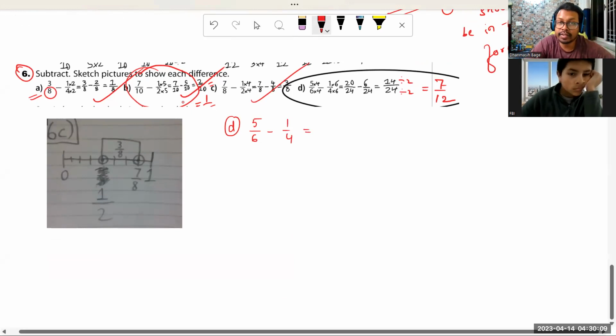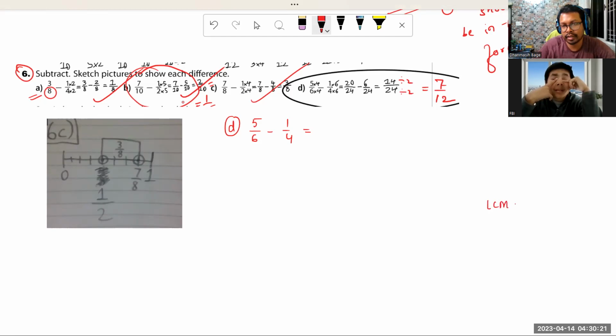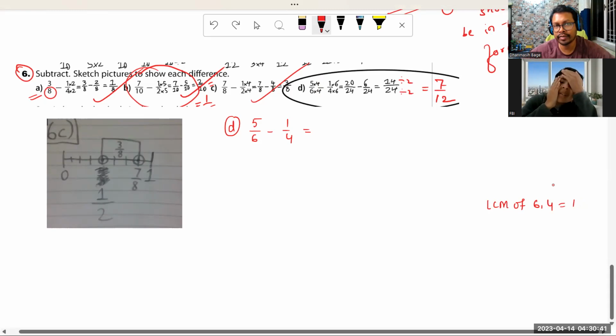This is not wrong, but I told you, what is the LCM of 6 and 4? Exactly, 12. So you have to make the denominator 12, not 24. Instead of multiplying by 4, you will multiply it by 2, right? That simplifies your problem. Do it.